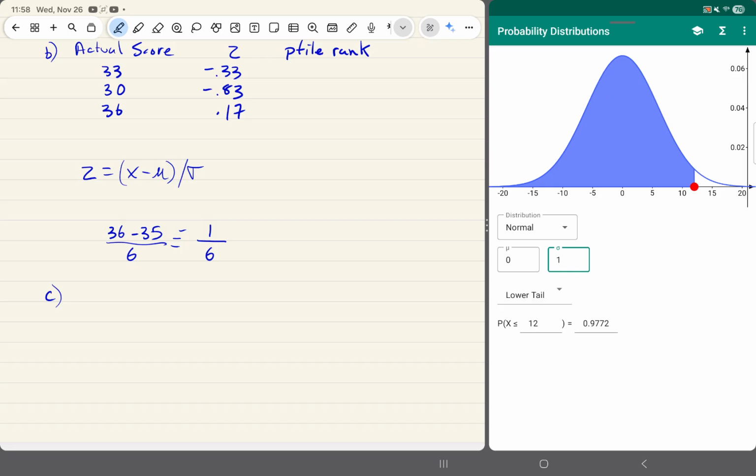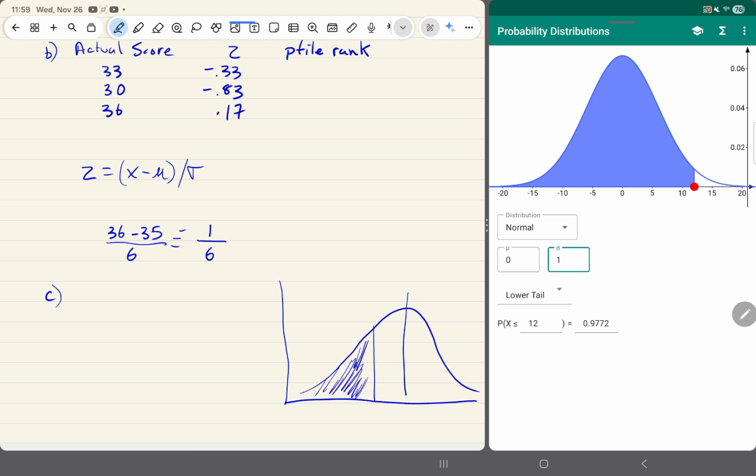So to get a percentile value, we're interested in that shaded area. Or it might be that we start with this value and our percentile score is the actual score.